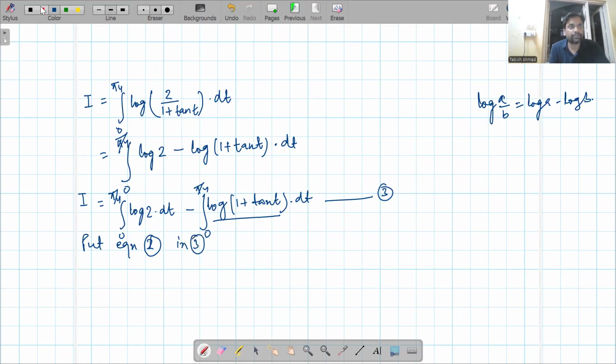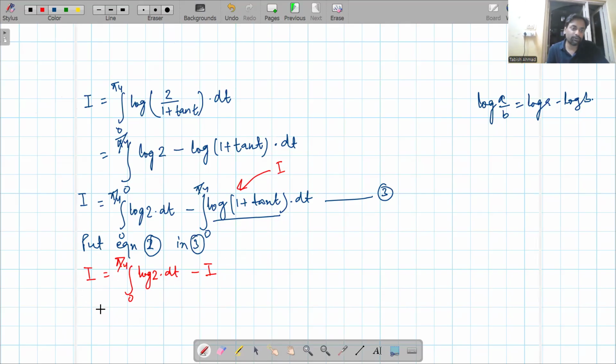So I will change the color. I will be equal to the integral from 0 to pi by 4 of log 2 dt minus this whole thing, which is again our I. So this is I, isn't it? This whole thing is I, the integrand.